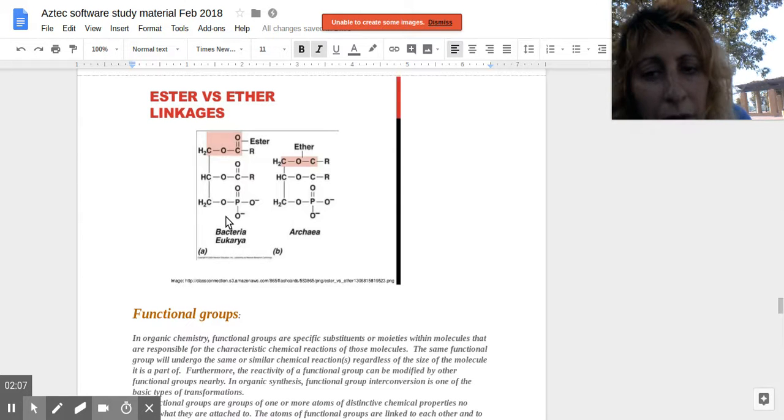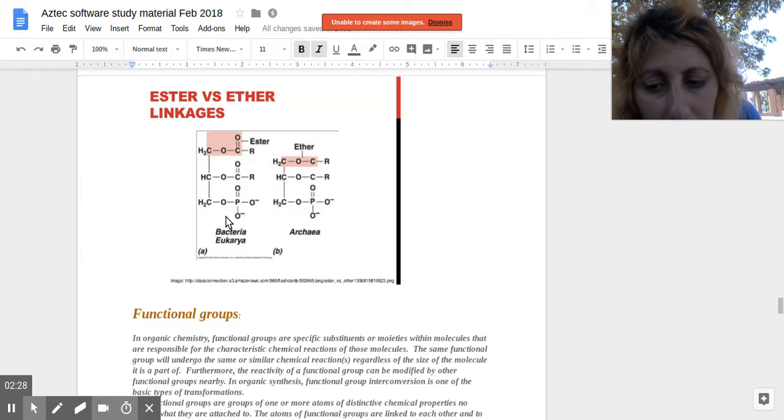Phospholipids, which we learned make up membranes of cells, are very important molecules, and they are a unique kind of molecule because they have a polar and a non-polar aspect.